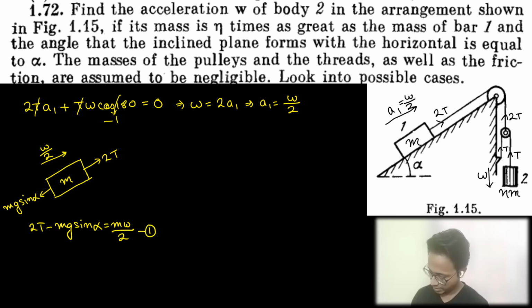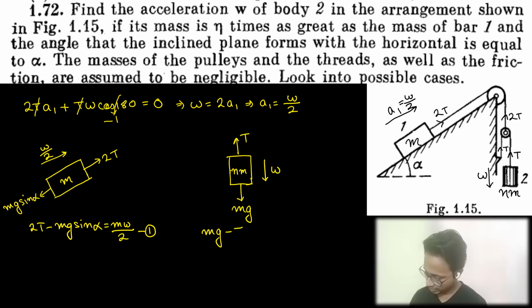This is equation number 1. And the other equation is, for n into m, here tension T, here mg, and the acceleration is omega. So mg minus T is equal to n m into omega. This is our equation number 2.